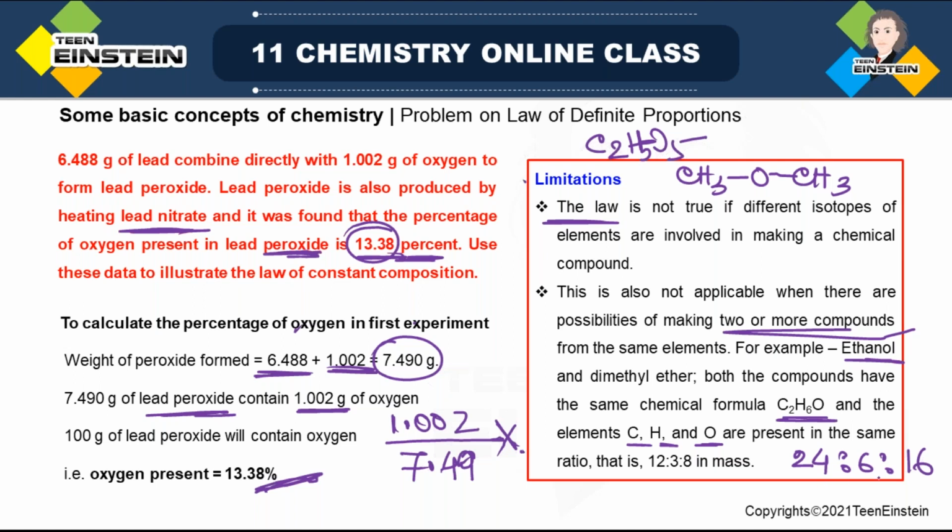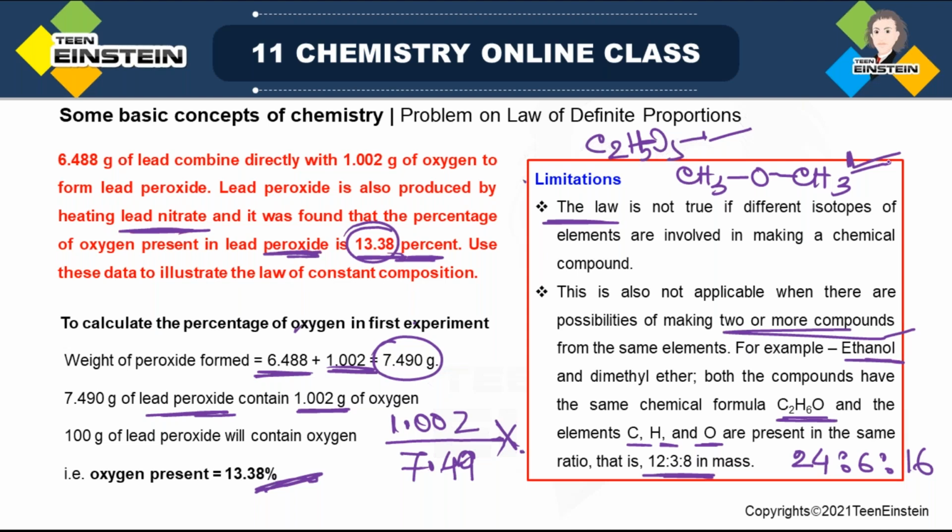If you simplify it, divide by 2, it will be 12:3:8. So this is the weight ratio, which is the same for ethanol and dimethyl ether, but these two are completely different compounds, isn't it? So that is why this law is not applicable, because according to this law, the weight ratio of the elements should be the same. That is fulfilled for both of them, but it is not the same compound, right? So this is obviously a limitation.